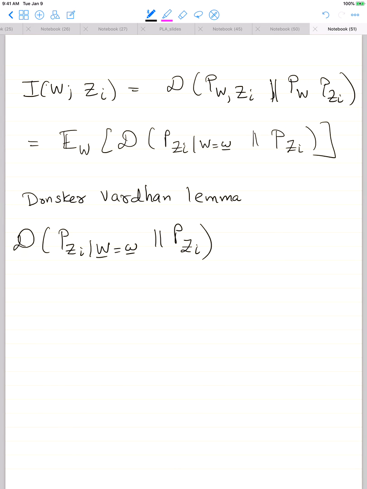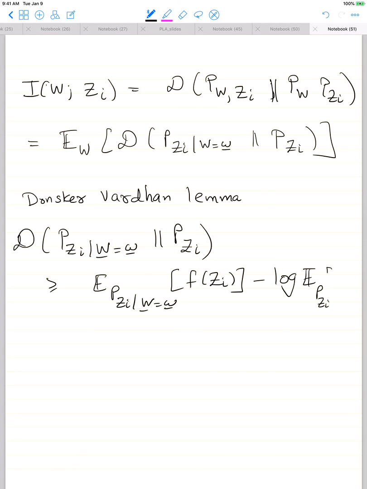We know that this is greater than the expectation under P of Zi given W of f of Zi, minus log of the expectation under Q, where Q is PZi for us, of e to the f of Zi, for any f.